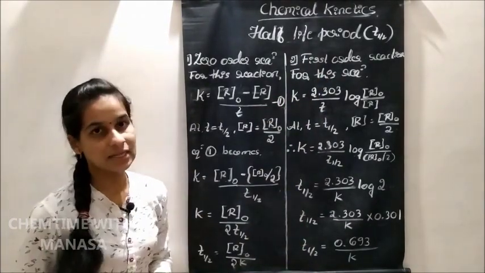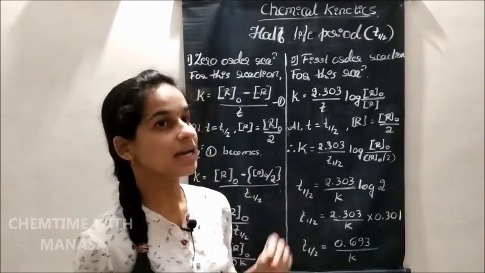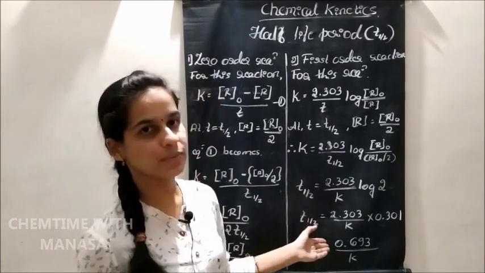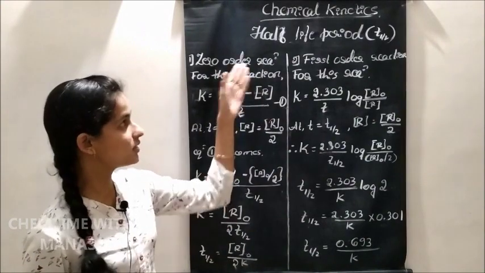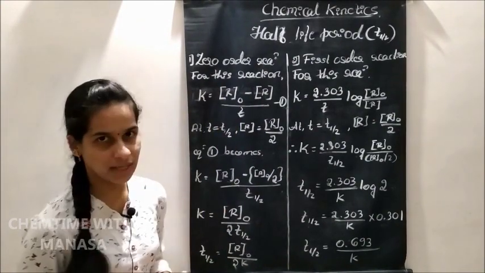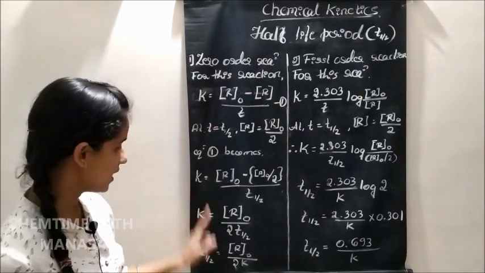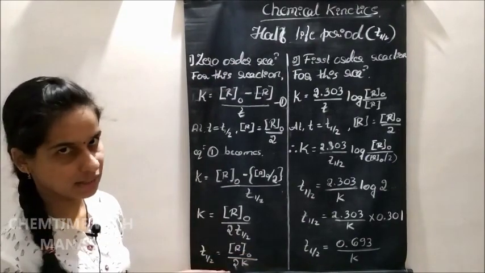But dear friends, these derivations are asked in two different ways. Either they are asked directly for the derivation of the half-life period for a zero order or first order reaction, or: for a zero order reaction, show that the half-life period is directly proportional to the initial concentration of the reactant.